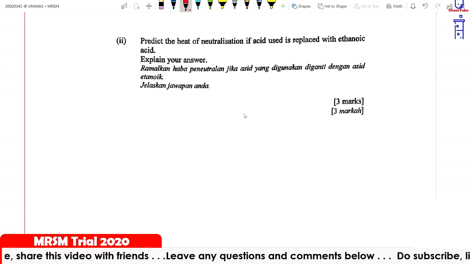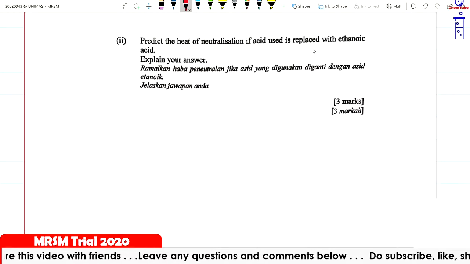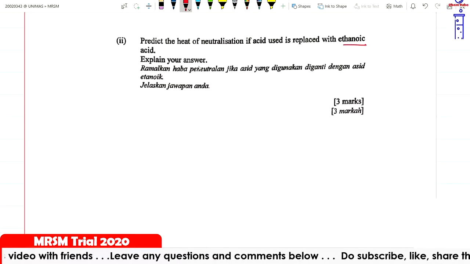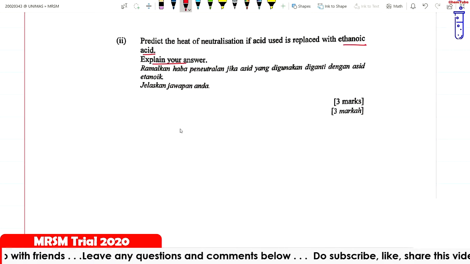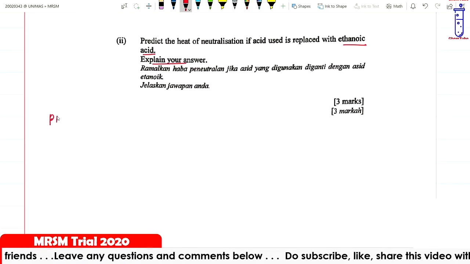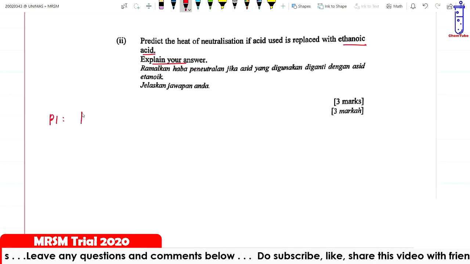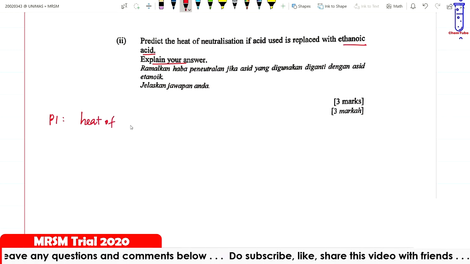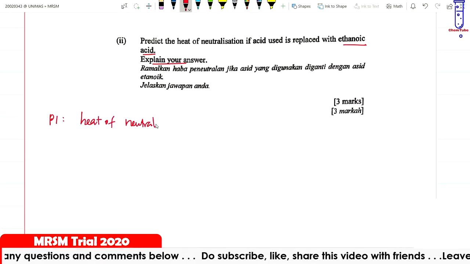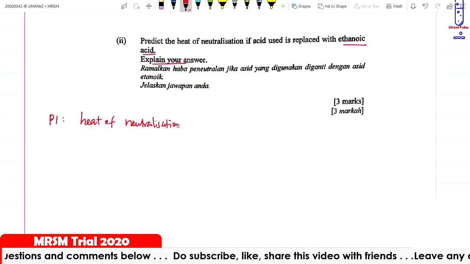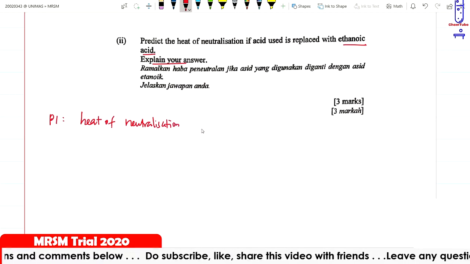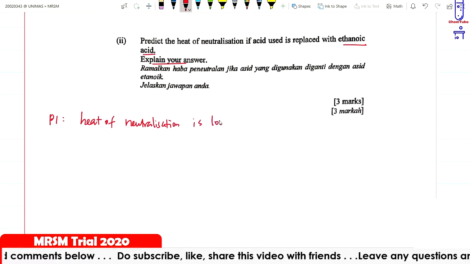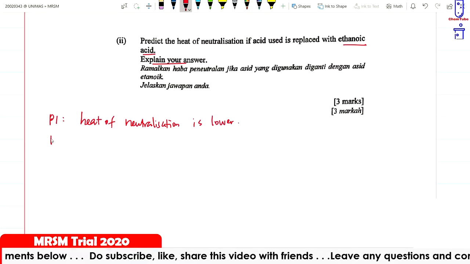Now predict the heat of neutralization if the acid used is replaced with ethanoic acid. Explain your answer. Ethanoic acid is a weak acid. The heat of neutralization is lower. Why?